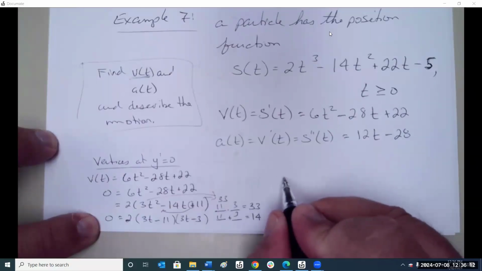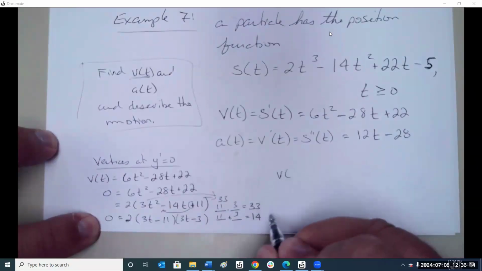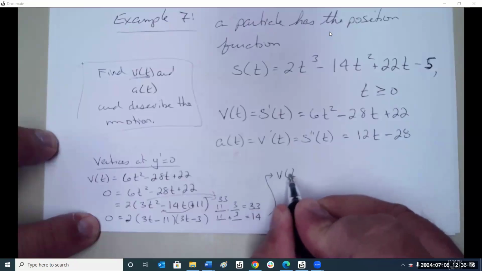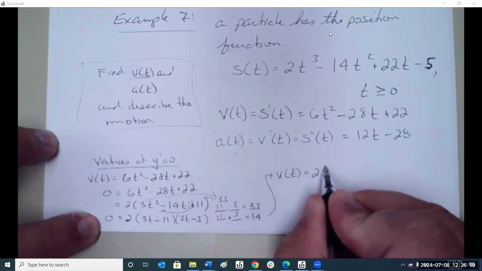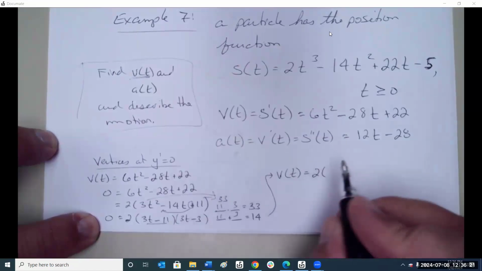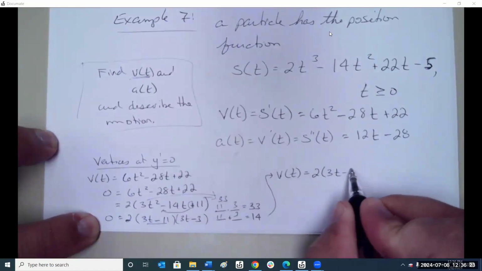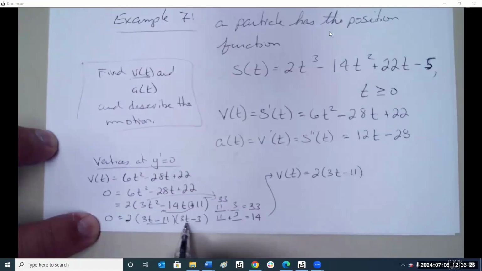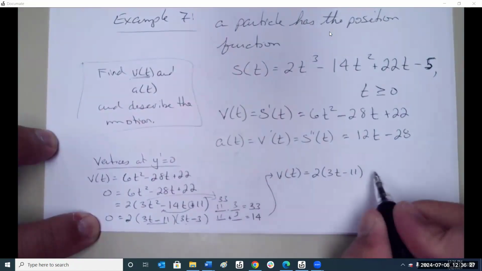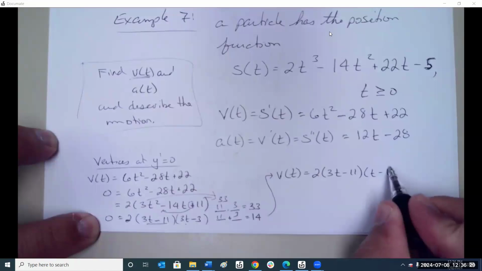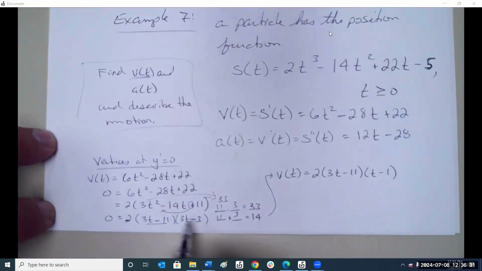So our velocity function: since nothing factors out of the first one, it's 3t minus 11. I can take out a 3 on the second one, so I just get t minus 1. I can factor out a 3 there.